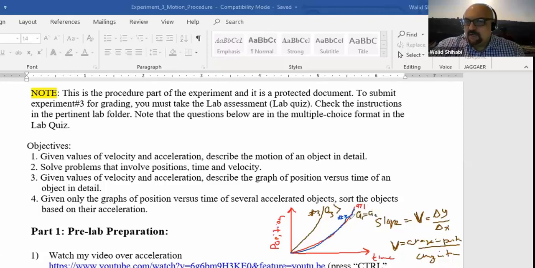Graph 1 and graph 2 represent the same acceleration. Okay, so that's another thing also we can conclude from the graph of position versus time. We can tell whether there is acceleration or not, and we can tell how big the acceleration is. Okay, so that's actually number 4, the goal of number 4 here.